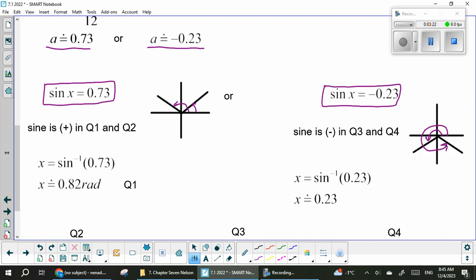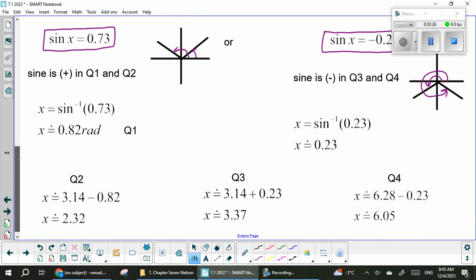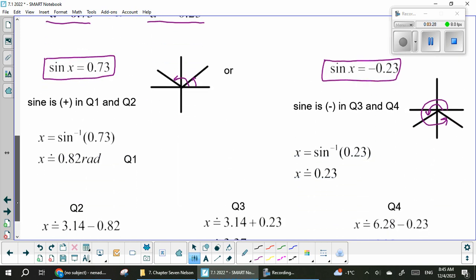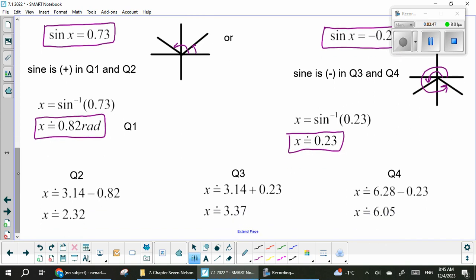We need the related acute angles, so I did that here, and you'll definitely have to use your calculator in this question a lot. And once I got the related acute angle, and for the other one, there is the related acute angle, and then you just have to do the proper subtractions for the appropriate quadrant.